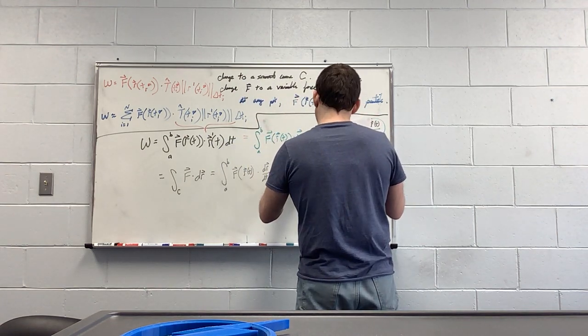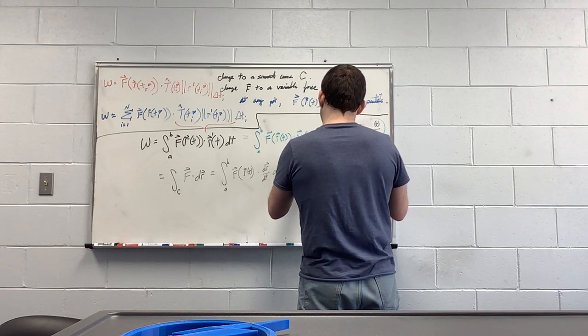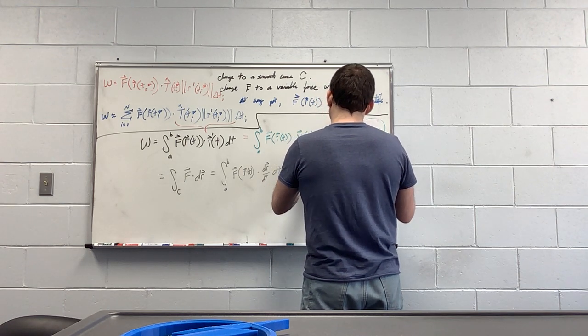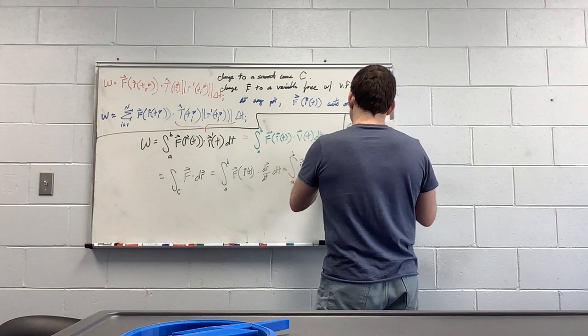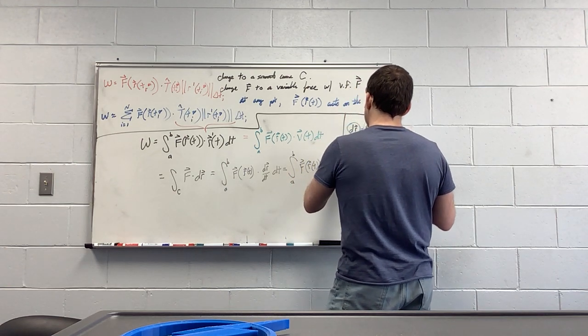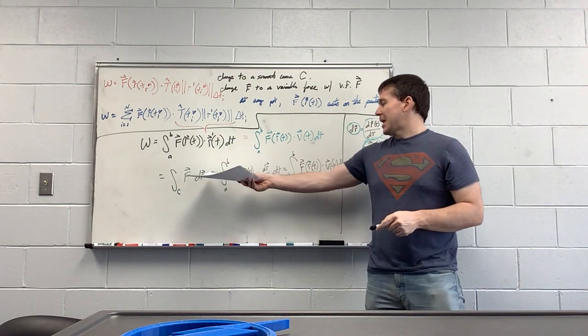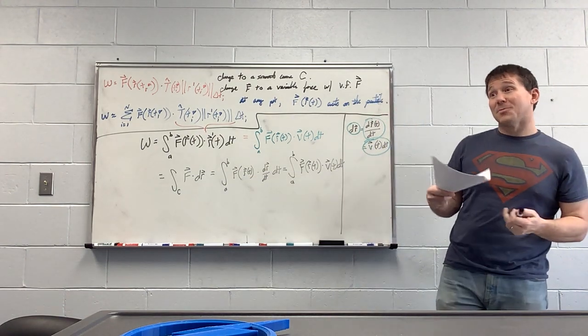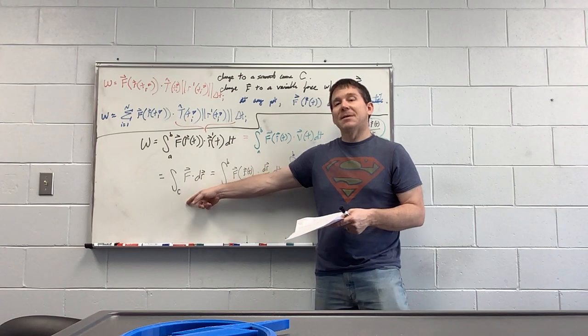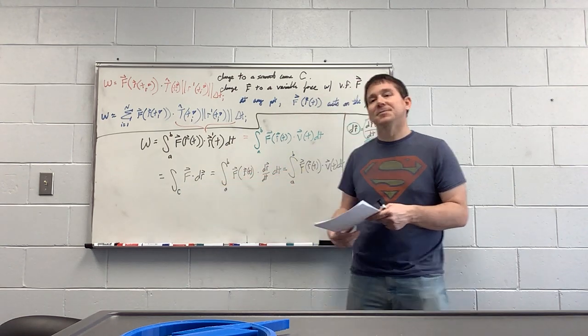Or I can write it as the integral from a to b of f of r of t dot v of t dt, using that notation. And again, here we end up with 3 different ways of writing an integral, and this is most definitely a line integral along that curve.